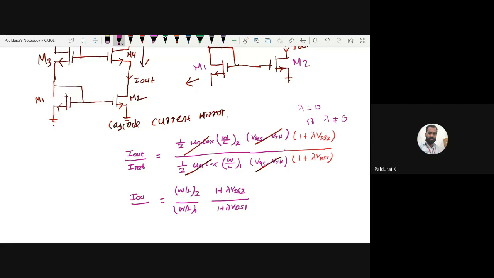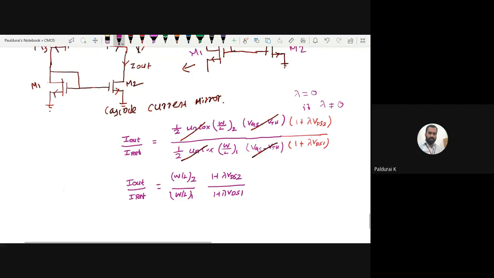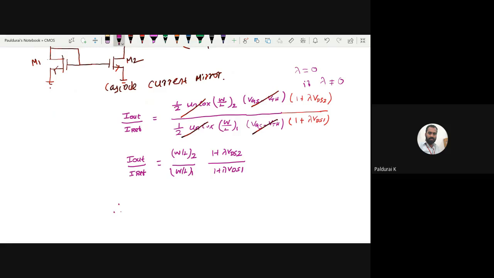Now this is my I out by I ref. So therefore, what is my I out now? It is the width to length ratio of the second transistor over that of the first transistor, times some factor, because of channel length modulation, times I reference.